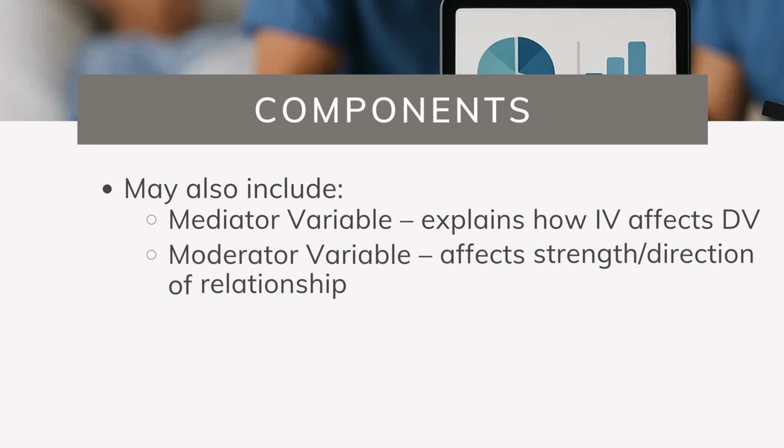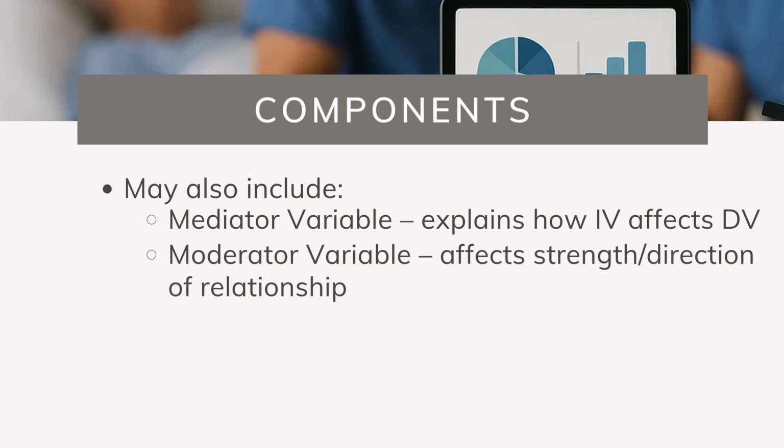The moderator variable affects the strength or the direction of the relationship. A moderator is like a dimmer switch. It changes the intensity or direction of the independent variable and its relationship to the dependent variable. For instance, if you are studying how online learning affects test scores, internet access could be a moderator.